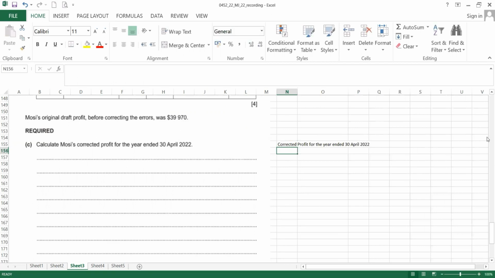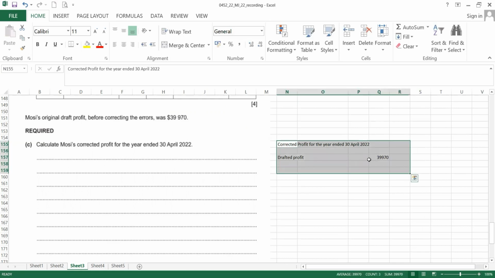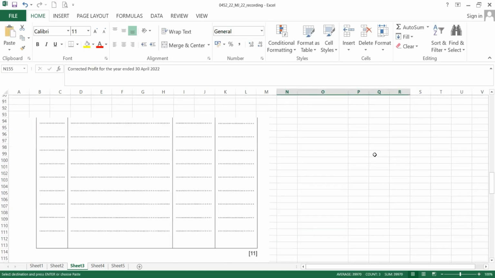Okay, drafted profit is 39970. Let's move it up to make it easier to see.